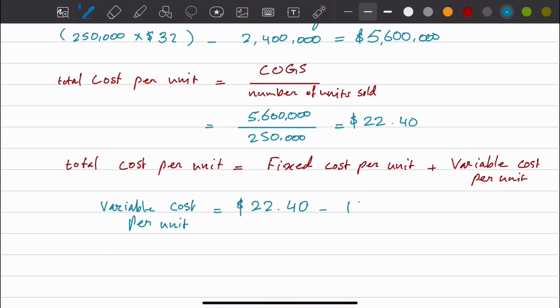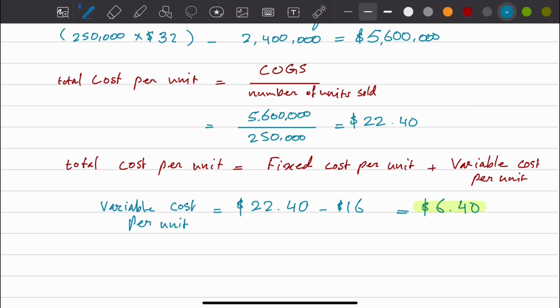So this is minus $16. 22.40 minus 16, that is $6.40. So this is the first requirement, the variable cost per unit.